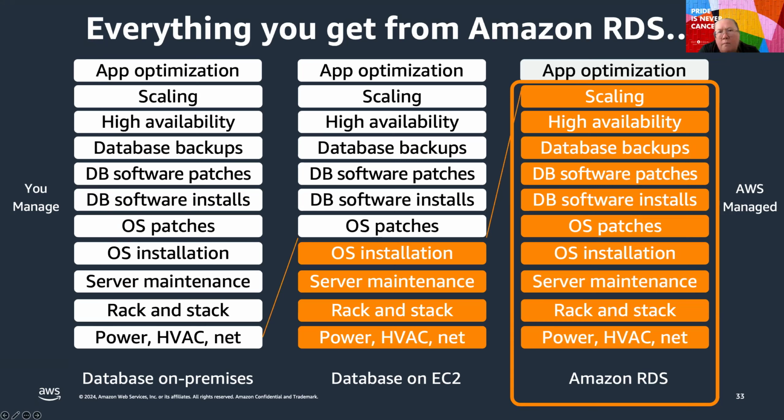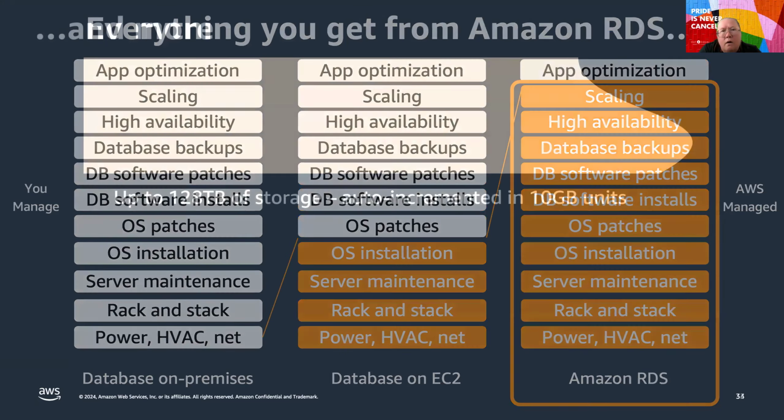Moving to EC2 instances means server maintenance, rack and stack, power, cooling and so on are taken care of for you, but you still handle the patching, software installation and any of the high availability work. RDS does most of that for you, so you only focus on your data and optimizing your application.